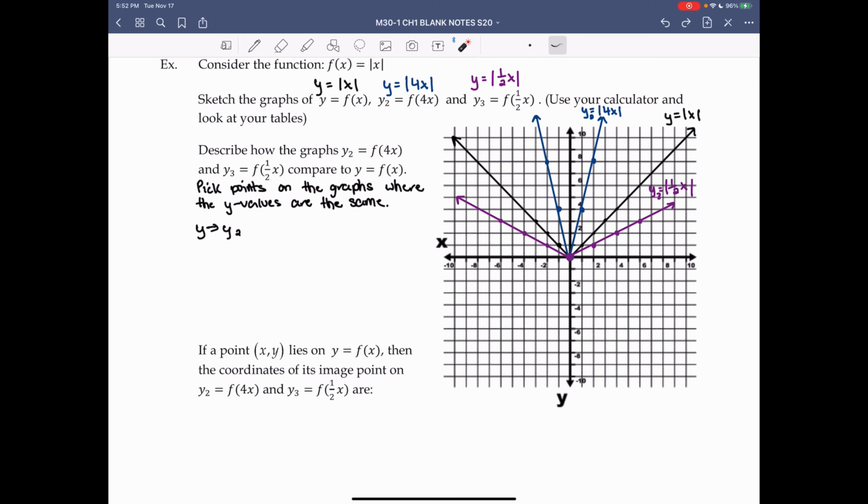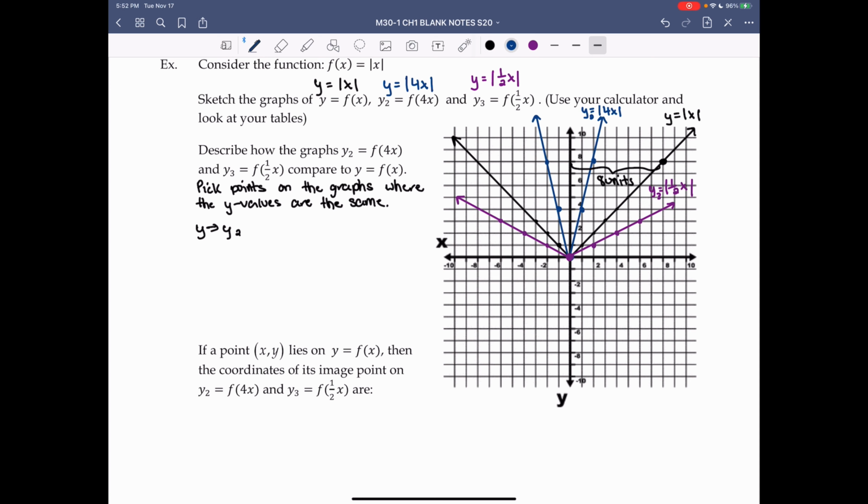Let's look at points on the first two graphs, y and y2, where the y values are the same. I'm going to pick y equals 8 and look at this point and this point. For y equals f of x, this point where y equals 8 has an x value of 8. So this is 8 units from the y-axis.